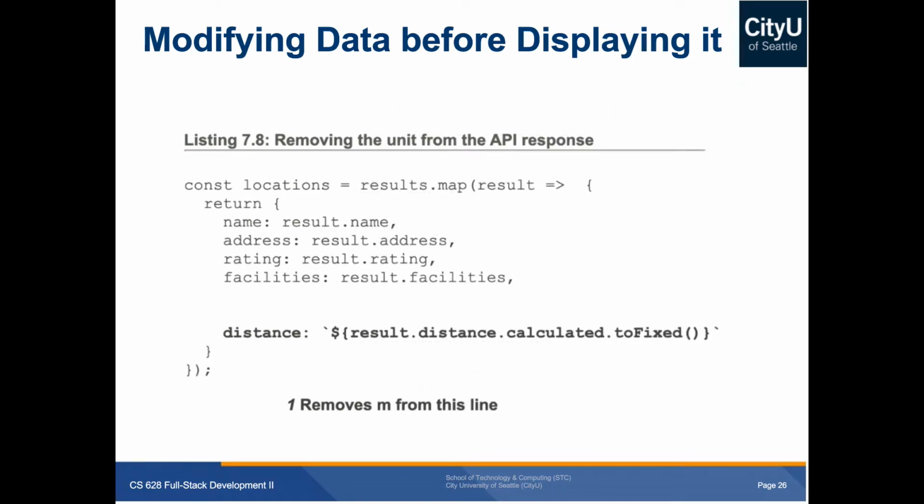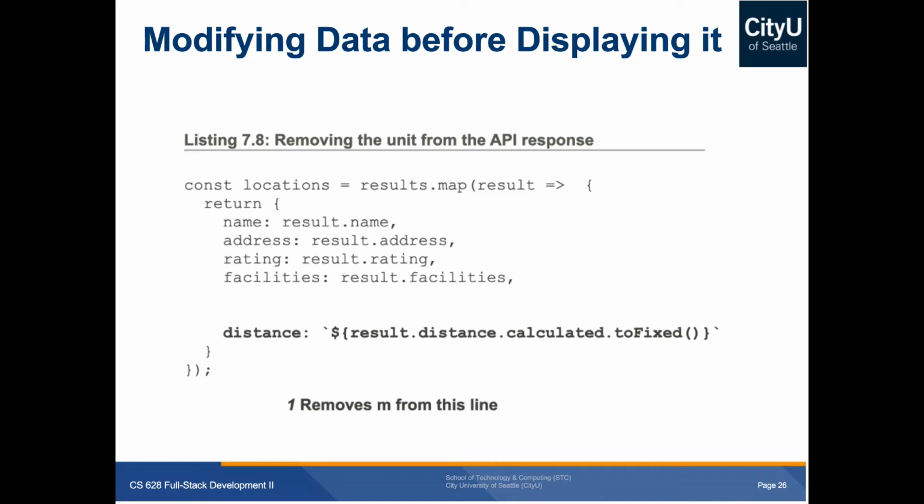Next, so now for the distance, right? So let's go back. We want to remove the unit from the API response, right? So results.map to access each of the results, and then we do want to return the name, result.name, the address with result.address, and the last one is the distance.